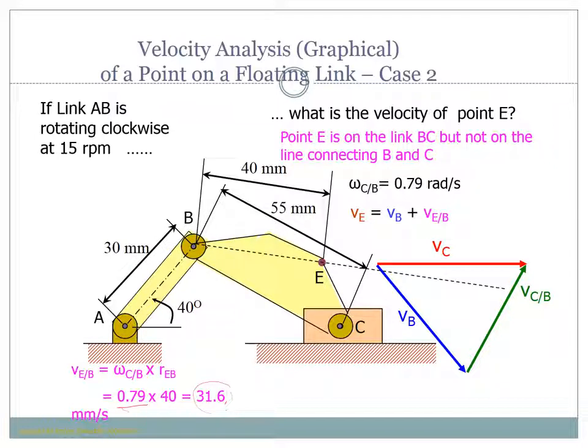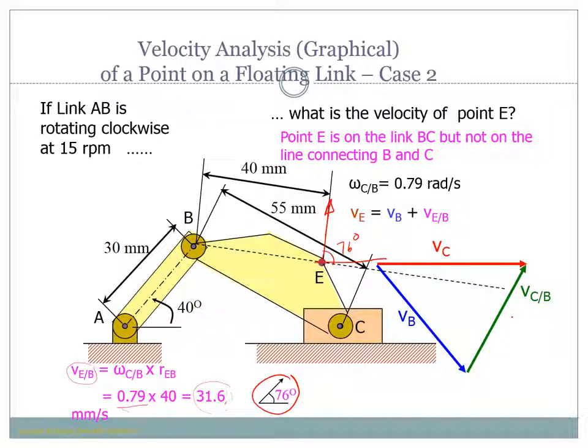So this is VEB, right? This VEB is at 76 degrees to horizontal. In this case, it will be like this. This is 76 degrees.